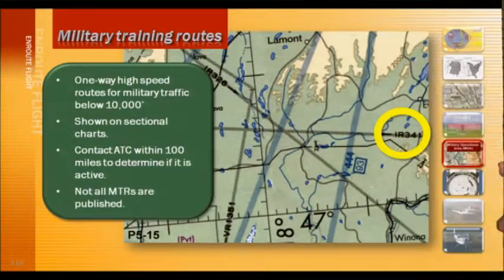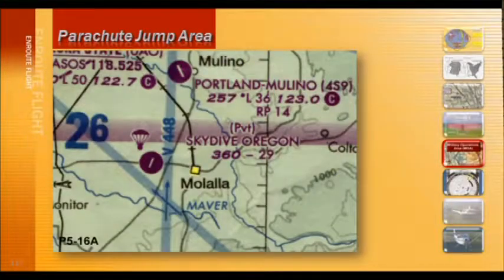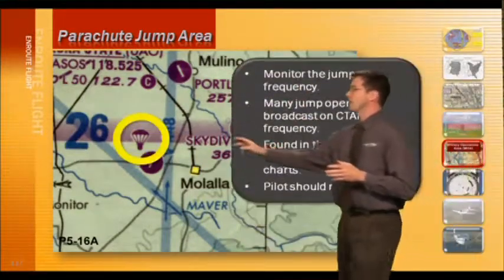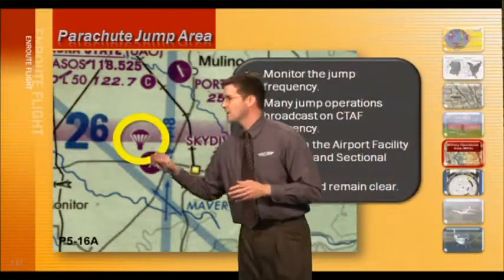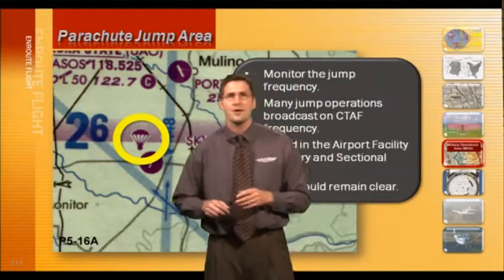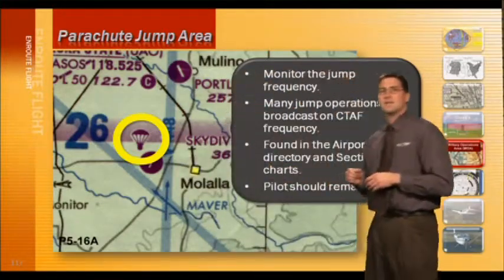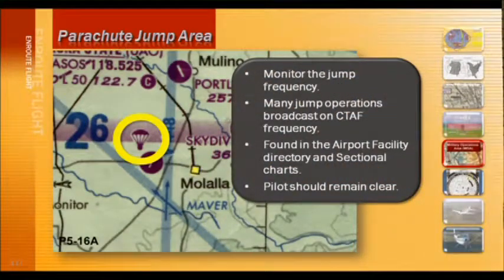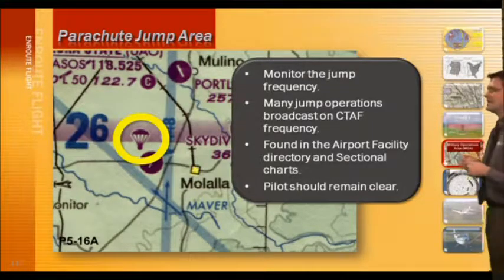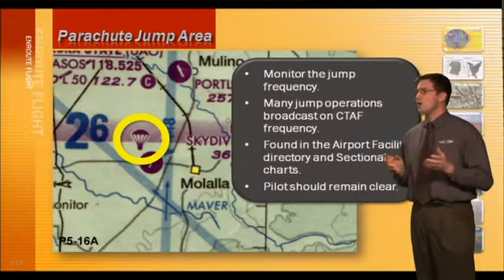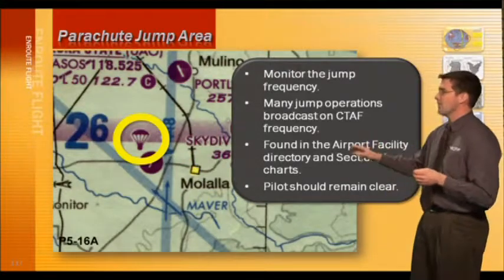The last special area we'll discuss is the parachute jump area. The parachute symbol at Skydive Oregon, shown right over here, marks an area with busy skydiving operations. Areas with skydiving are listed in airport facility directories and on sectional charts. Pilots should definitely remain clear of these areas, as you won't often know the exact hours of their operation.